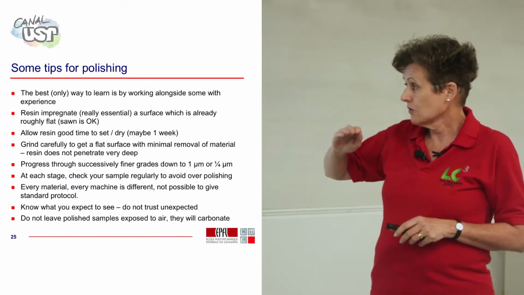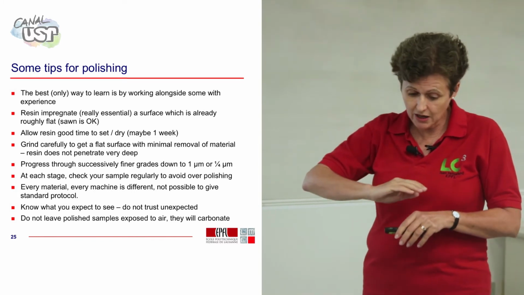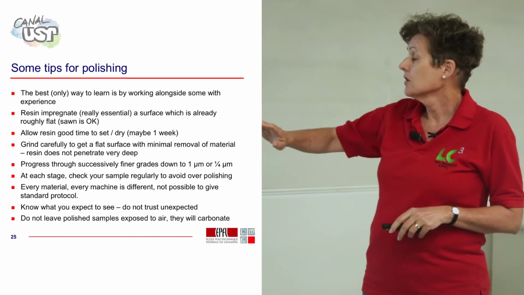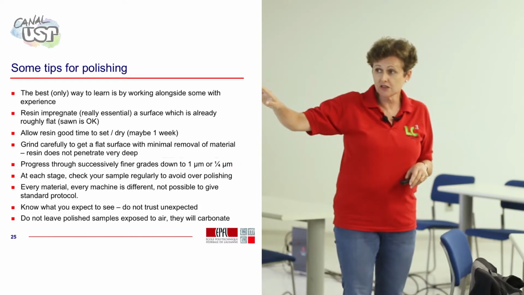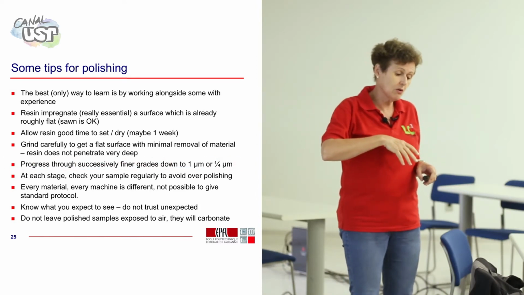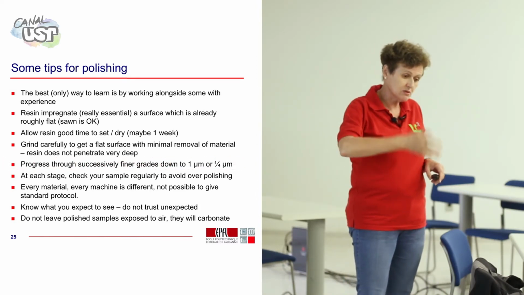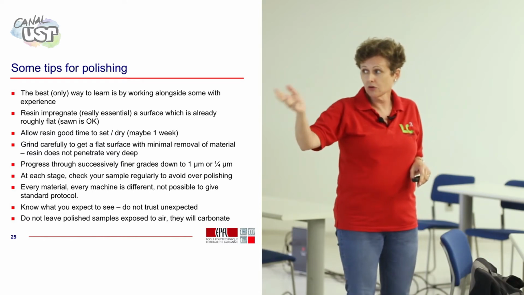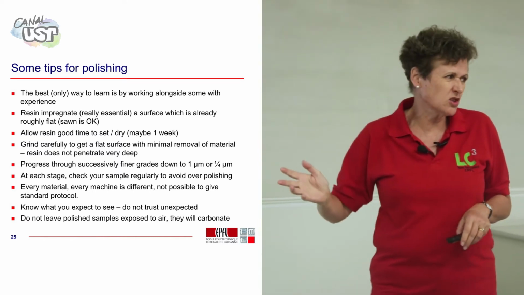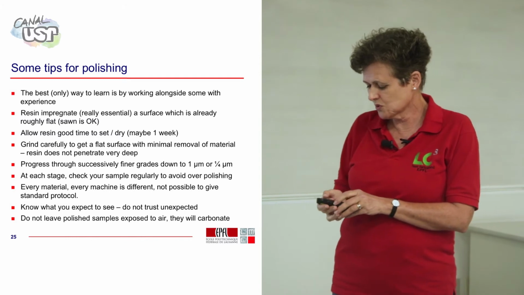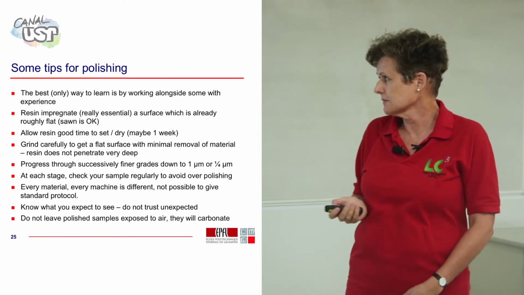Once you've got something flat on emery paper, you go through the successive grades. Usually we go 10 micron, 5 micron, 1 micron. You can go to a quarter, but there's very little difference between a quarter and 1, to be quite honest.